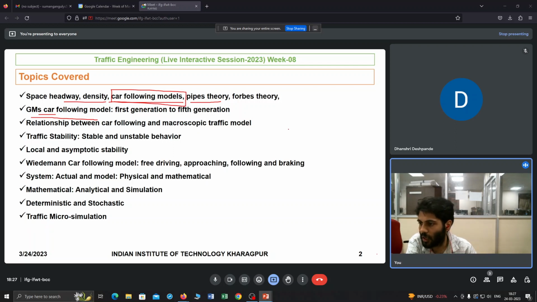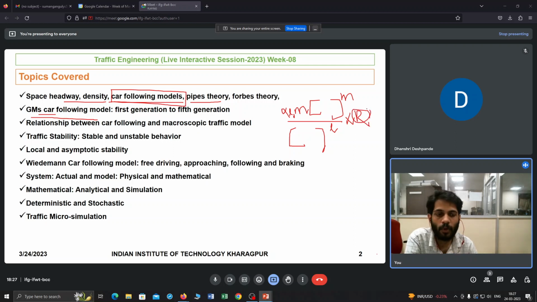How have they generalized it? They have included alpha L comma m, and in the speed they have included the m factor, with the space headway to the power L, and then the relative velocity. So it is the generalized model.